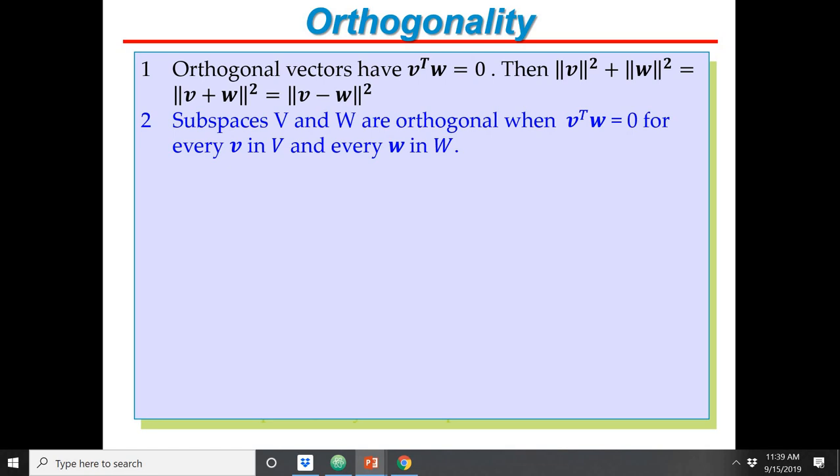The key buzzword here is for every v and for every w, not for some v and some w, for every v and every w. This is what I call orthogonal subspaces.